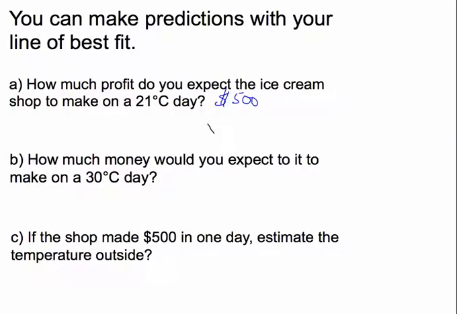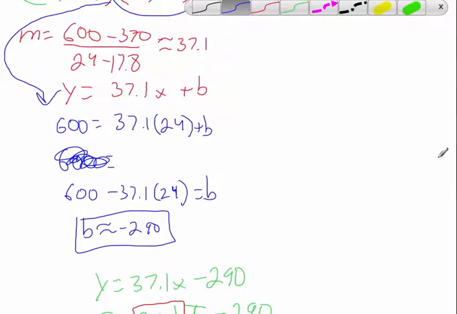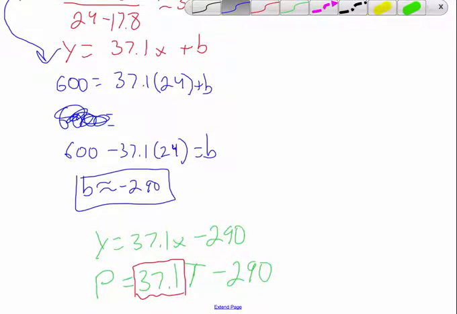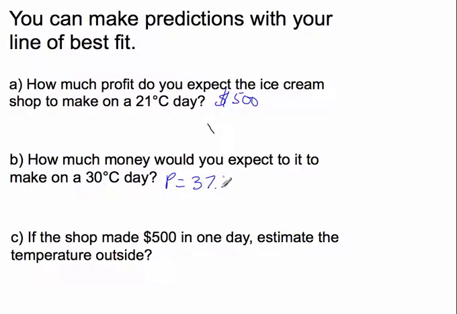Let's answer this other question right now. I forgot about that. In this question, we want to see how much profit you make on a 30 degrees Celsius day. We can use our equation, P equals 37.1 times T minus 290.